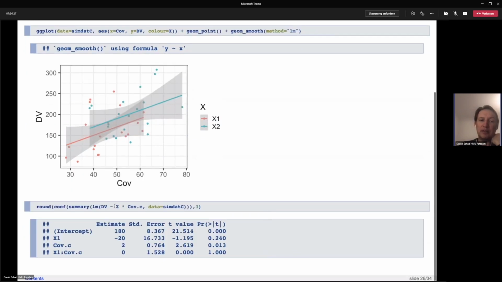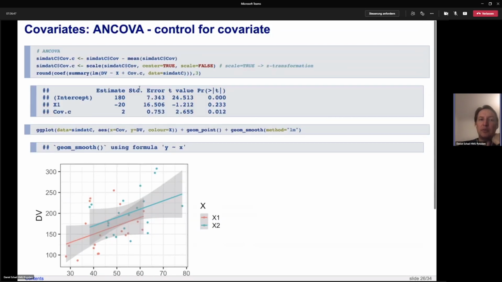So you can specify that just by adding the star. And then you get this interaction term, which here is 0. So that's good. We can use the ANCOVA correction to test for the group difference. But if there's a difference in groups, a difference in the slopes, if the interaction is significant, then you cannot perform this analysis of covariance correction.